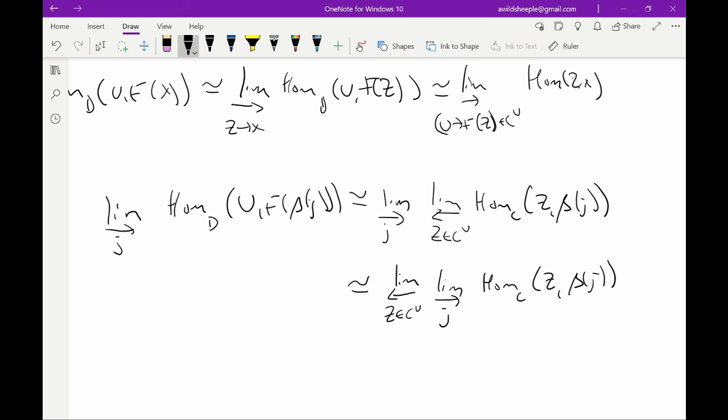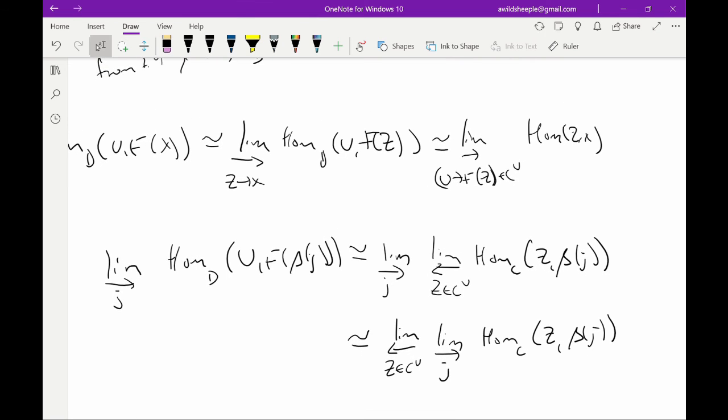I'm just a tiny bit concerned I've made a mistake with the arrows. I'm just trying to make sure that all of the variance is right. I'm a little bit spooked here. I'm supposed to be working about projective limits, so I think all this is just backwards. This limit should be like this.